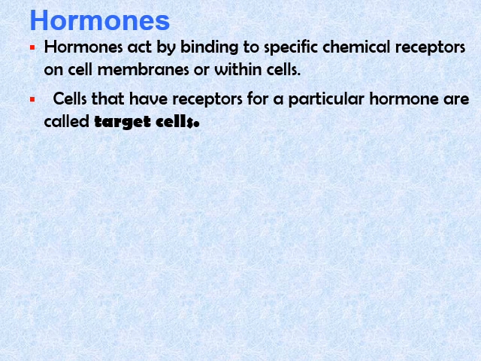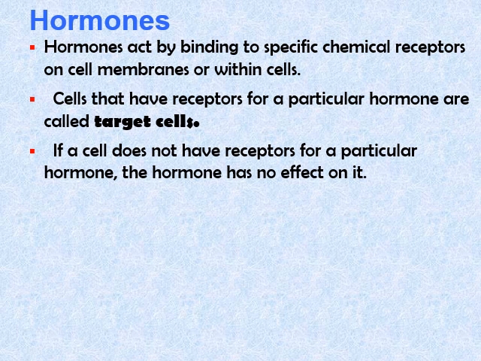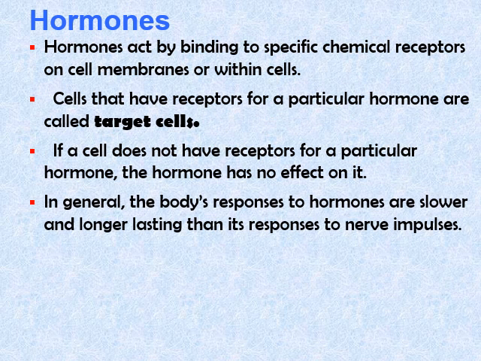So the hormone works only in these areas of the body, the target cells, because these target cells have specific receptors that can identify that particular hormone. If a cell does not have receptors for a particular hormone, the hormone has no effect on it, as it can't be identified there, or as there are no receptors for that particular hormone.